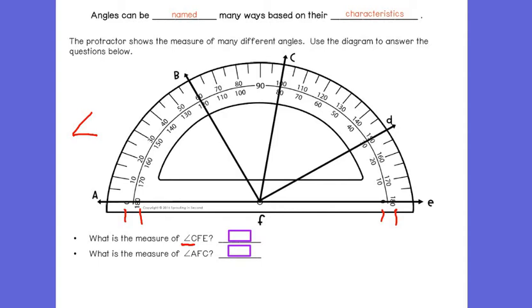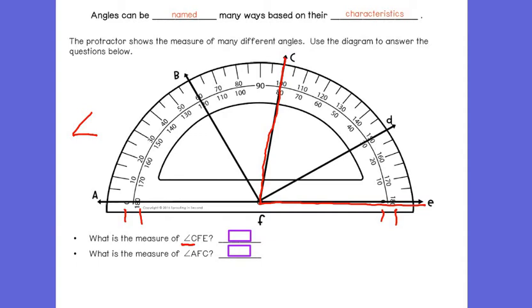Okay, so if I'm looking for measure of CFE, okay, an important characteristic, the middle letter is always the meeting point.